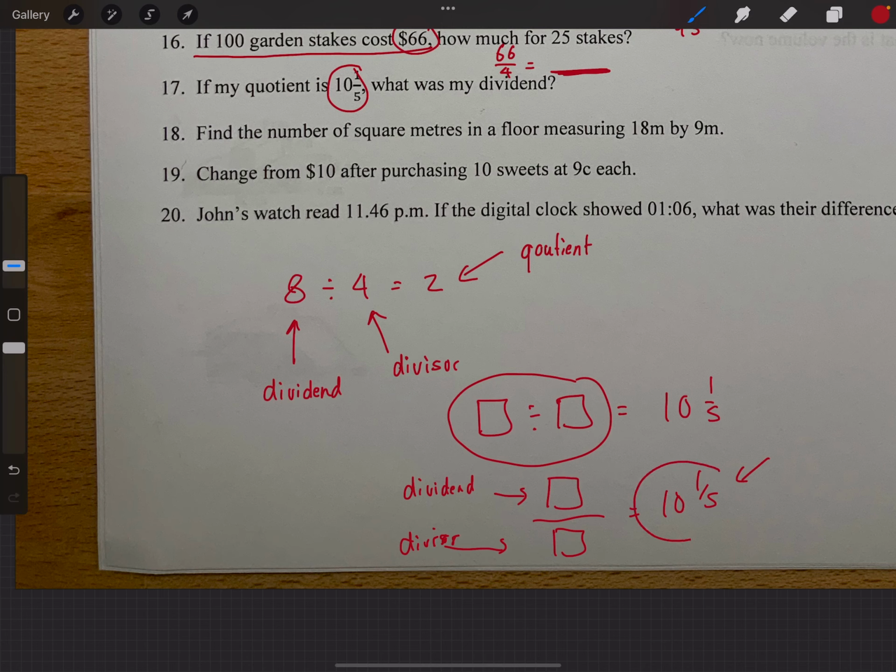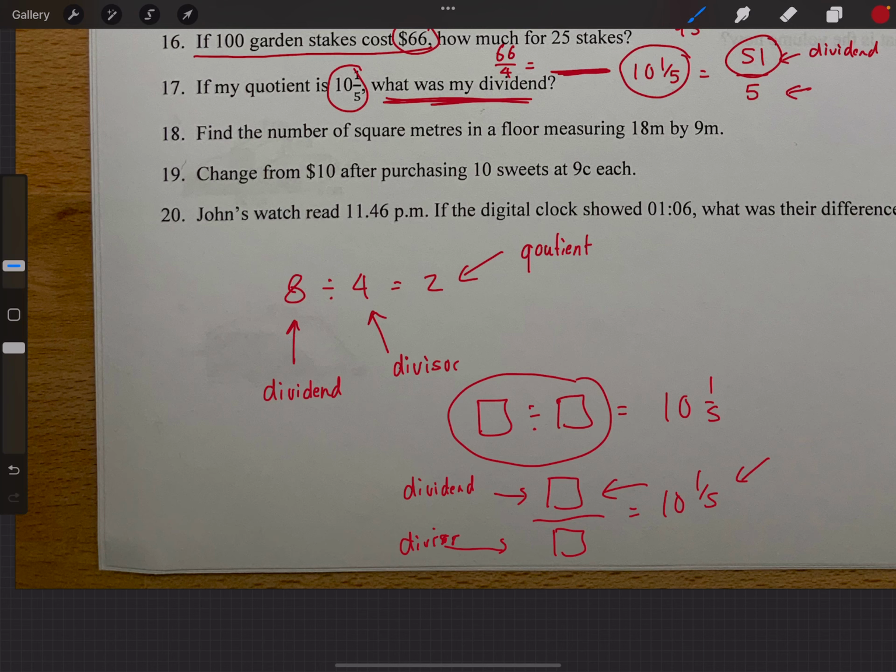As you can see here, we can change this 10 and 1 over 5 into an improper fraction. 10 times 5 is 50 plus 1, so 51 over 5. There you go. This is your dividend, and that's your answer as well, because the question is what's my dividend? Well, my dividend is 51. If the question asks for the divisor, it is 5. My quotient is 10 and 1/5.